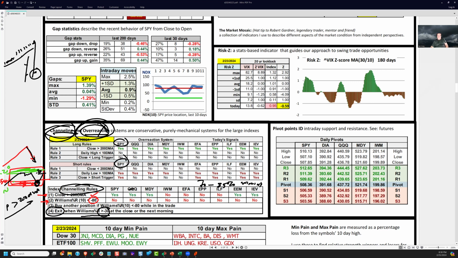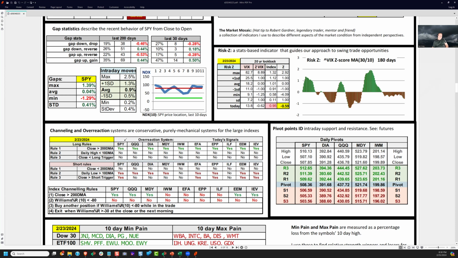So both of those are very reliable, infrequent, but reliable signals. What I like to use them for is as an indicator about the current condition of these big indexes, especially the US indexes.